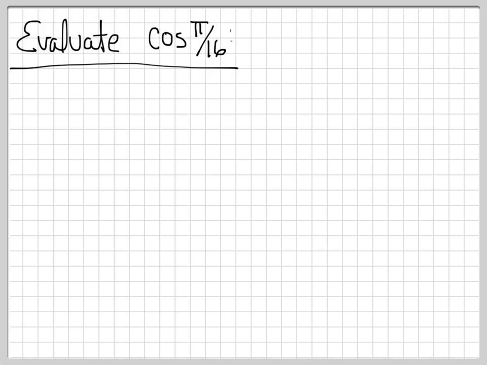So let's do one that requires extra work. So here we have cosine of pi over 16. The reason this requires extra work is that our theta over 2 is pi over 16, but our theta is pi over 8. And that means we're going to have to do the half angle formula twice because pi over 8 still isn't good enough.